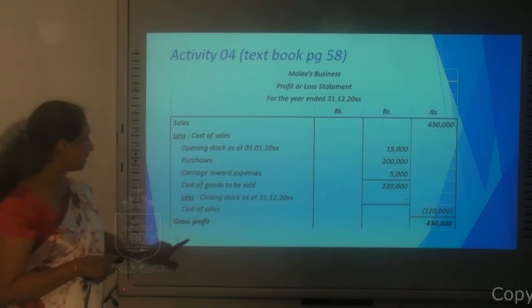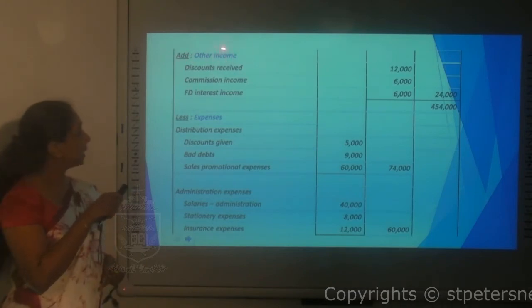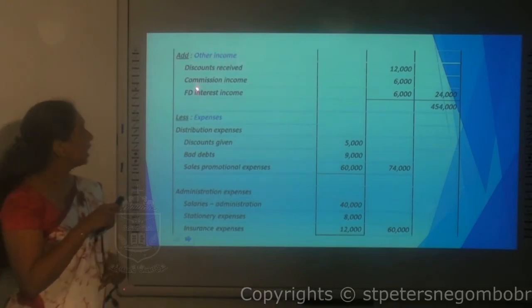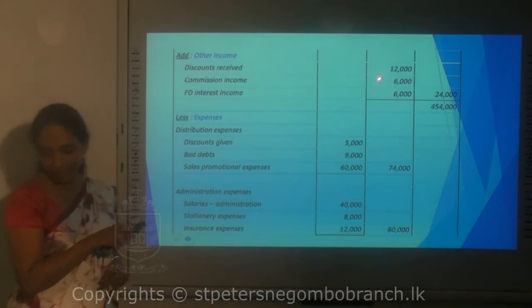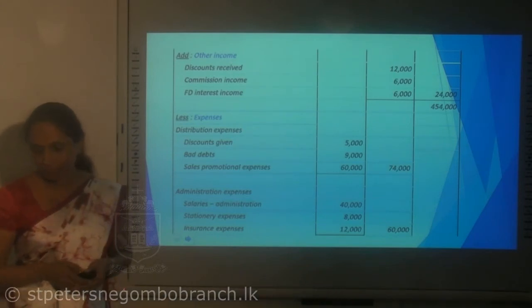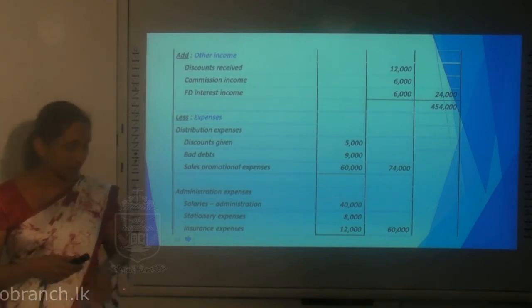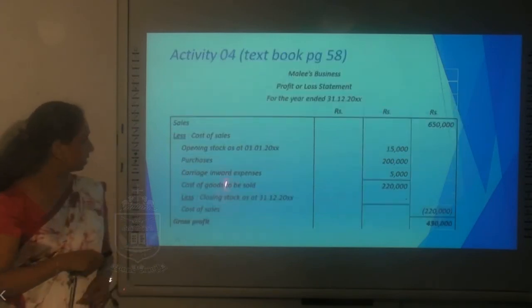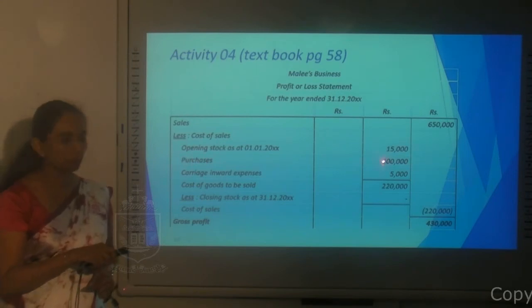Again another income. So go to the place where the other income is, and under that you can mention the commission income as 6,000. Then the next line item is purchases. So again it comes under gross profit calculation. So here you have a space to put purchases and it's 200,000.